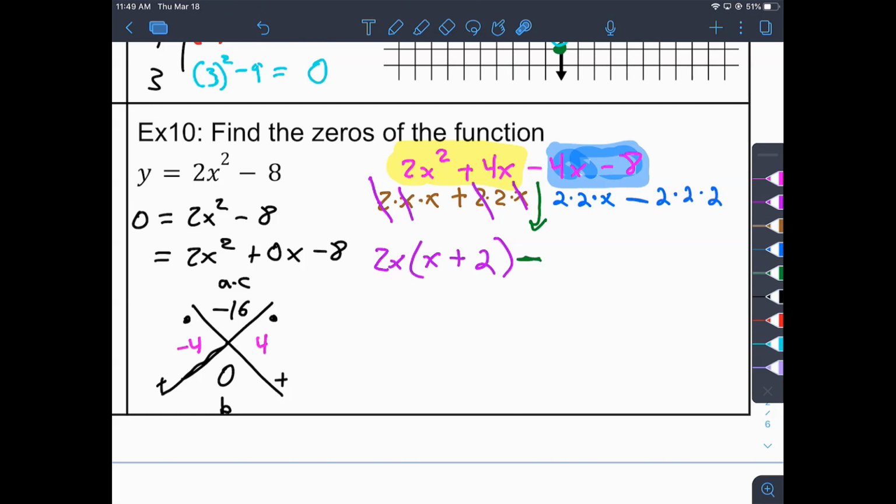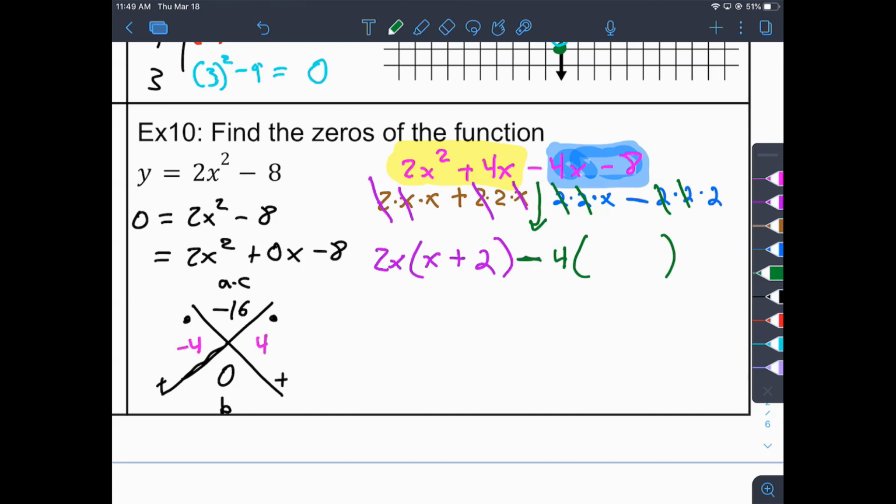Notice I factored it as far as I could go.